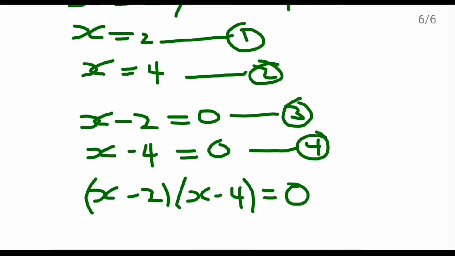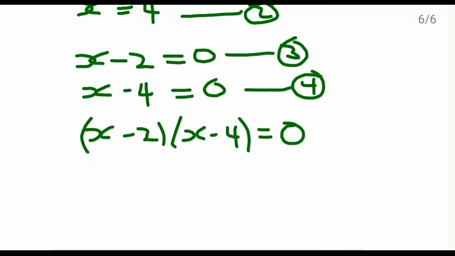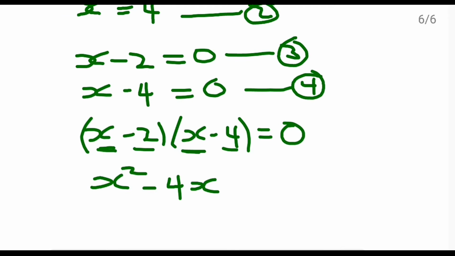The next step is to open the two brackets. x multiplies x, and we have x squared. Then x multiplies negative 4, and we have negative 4x. Negative 2 multiplies x, and we have negative 2x. And negative 2 multiplies negative 4, and we have positive 8 equals 0.